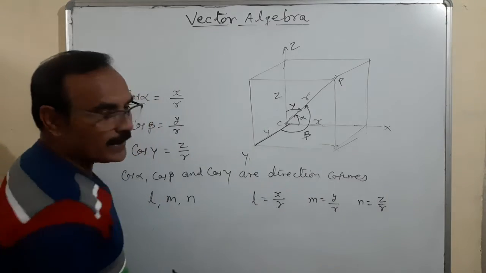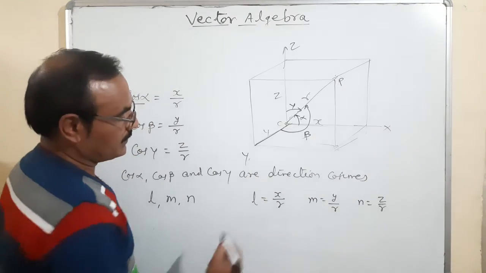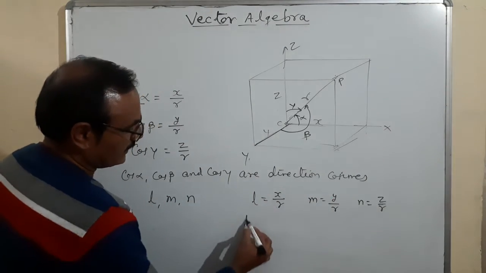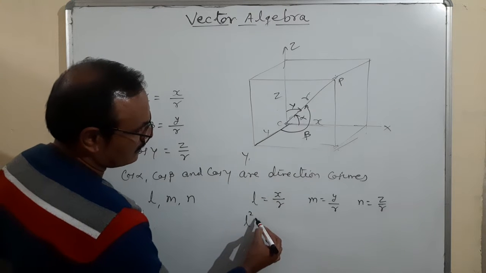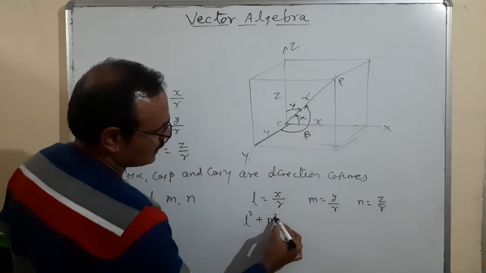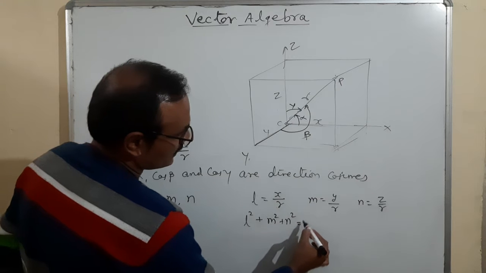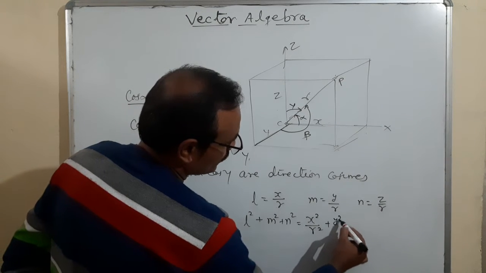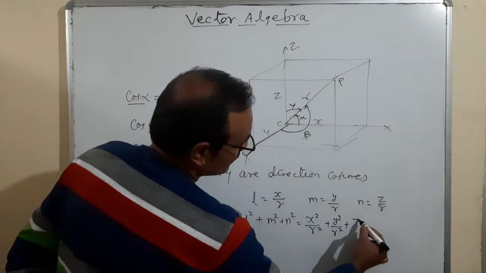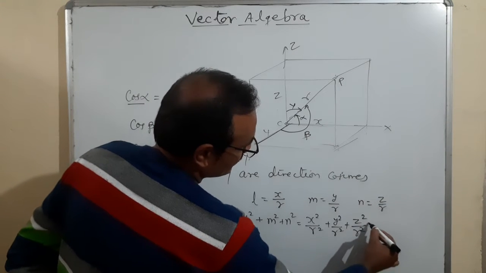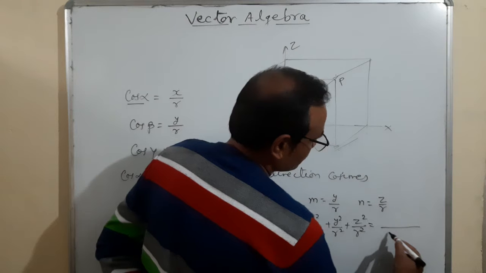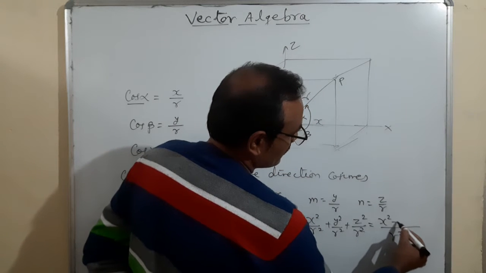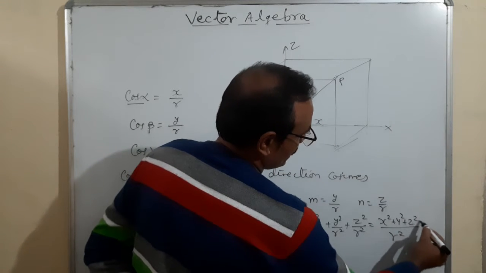If we square all of them and add, what happens? Squaring and adding, l square plus m square plus n square is equal to x square upon r square plus y square upon r square plus z square upon r square. LCM is r square. It is x square plus y square plus z square.